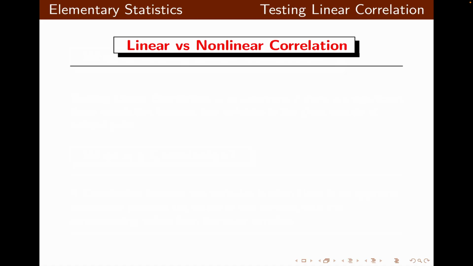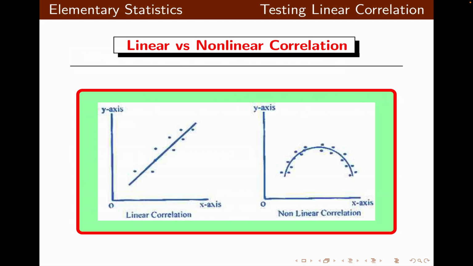Linear versus non-linear correlation. In this picture on the left side, the ordered pairs appear to have a linear relationship, whereas on the picture on the right side, the points do not appear to have a linear correlation.